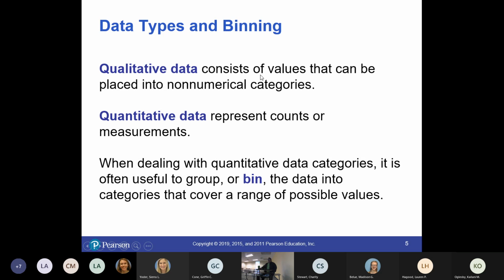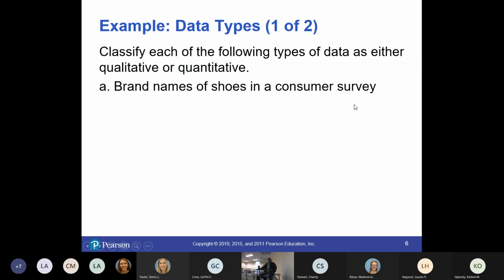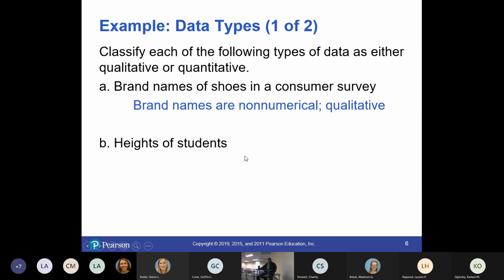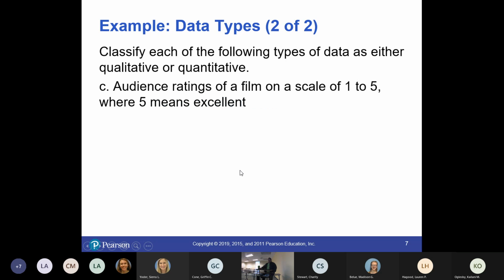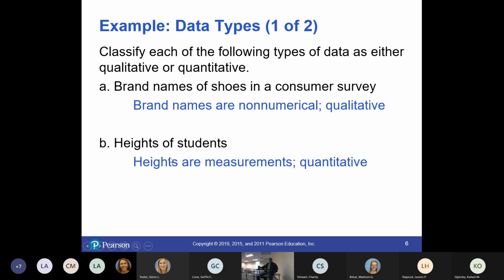All right, you can write down these if you want to, but we've already written them down. Qualitative data, categories. Quantitative data is numbers. We've already covered this, but there are 2 examples of qualitative and quantitative.